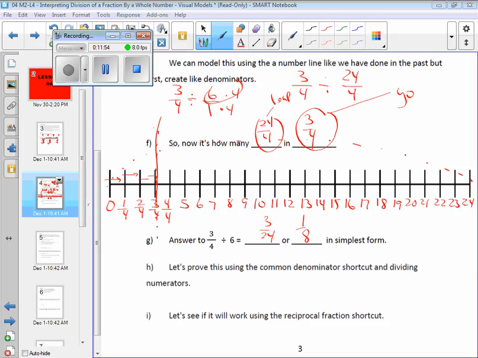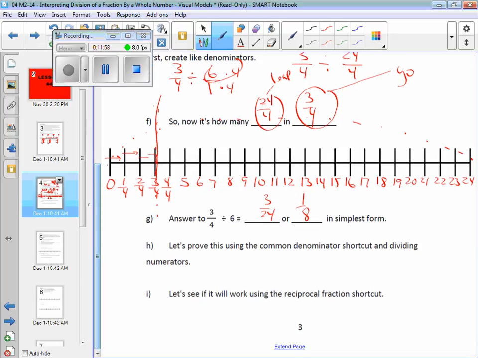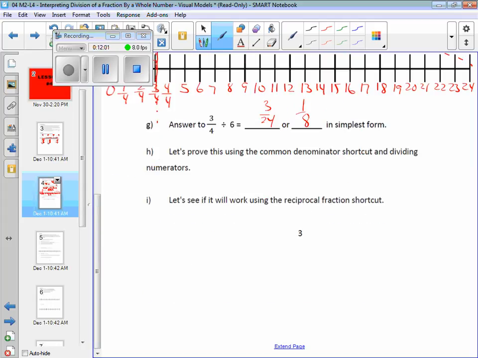Okay, let me show it to you using common denominators. I need to scroll up. It was 3/4 divided by 6, right? Yes? 3/4 divided by what was 6/1 with a common denominator of 4? 24/4. Ready? Do I have common denominators?